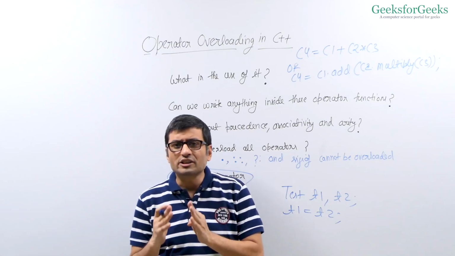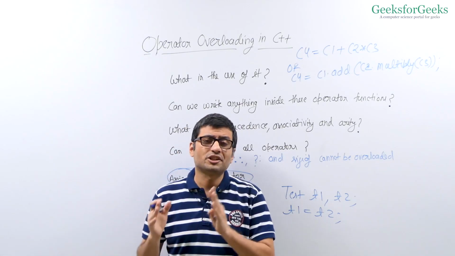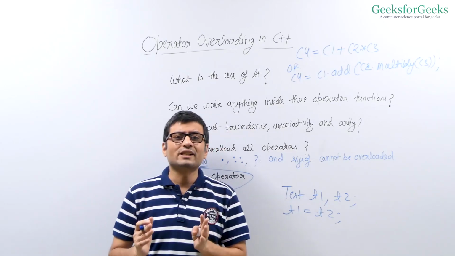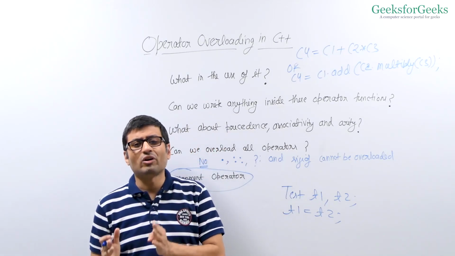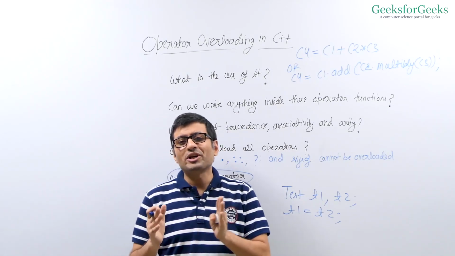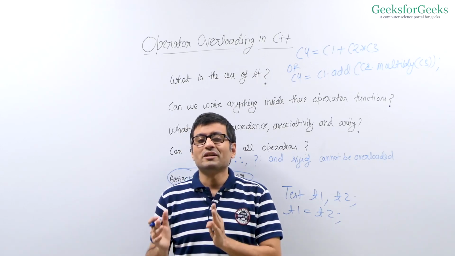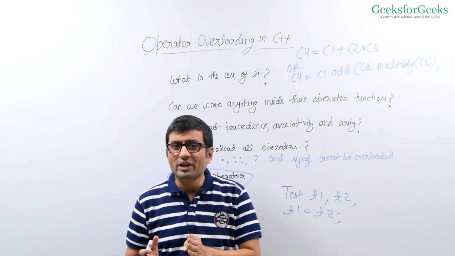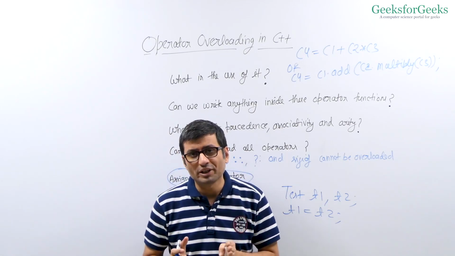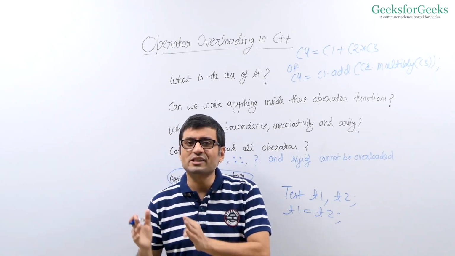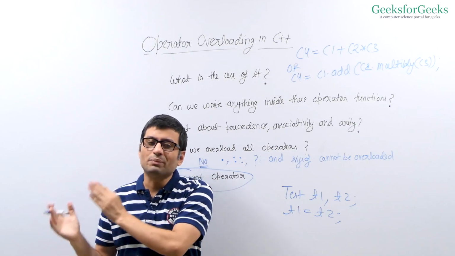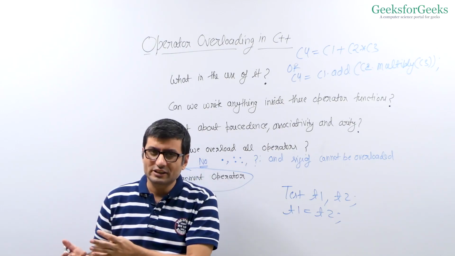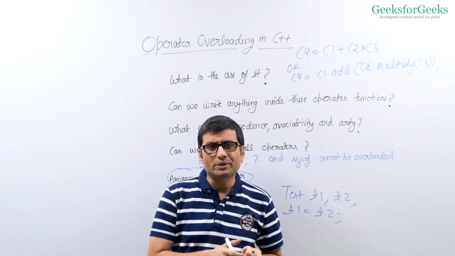The default assignment operator does shallow copy. If your class has dynamically allocated memory or it has pointers which point to some dynamically allocated memory, then we should be doing deep copy and we should be writing our own assignment operator that allocates new dynamic memory and copies the data of the other object. Same thing we did in the copy constructor.